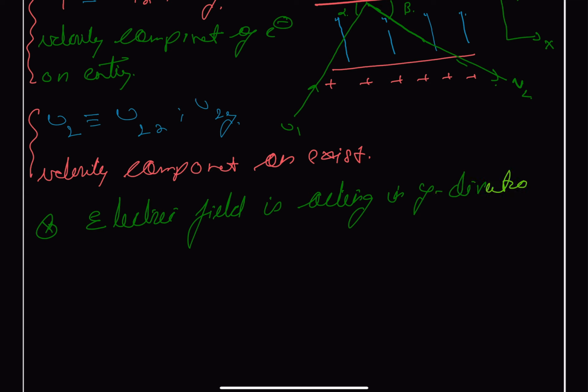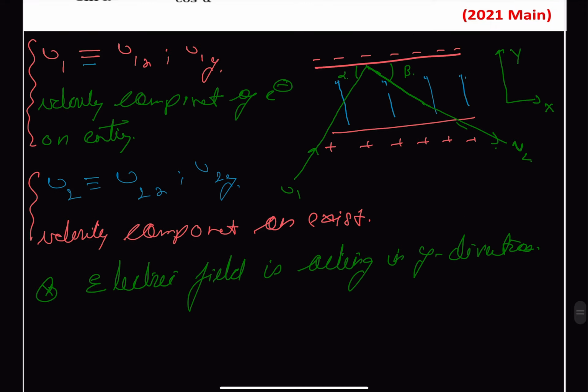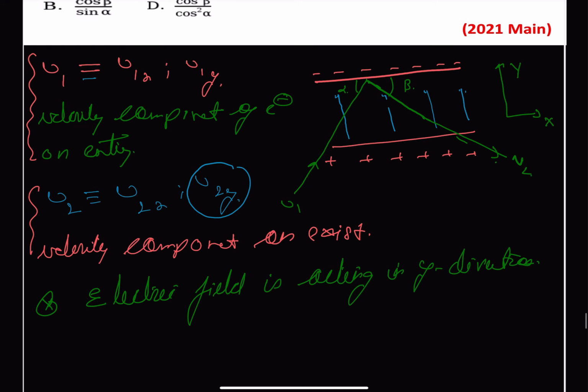So the force of this electric field will only affect our y components, that is V2y as well as V1y. So the components V2x and V1x are going to remain constant. It means the horizontal velocity remains the same.